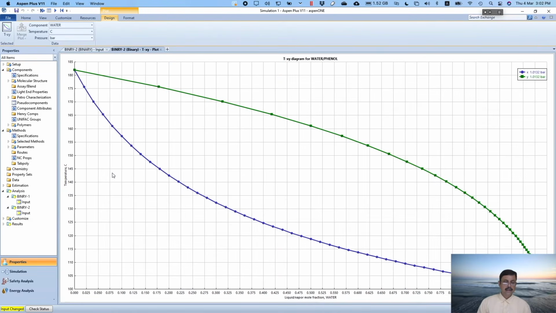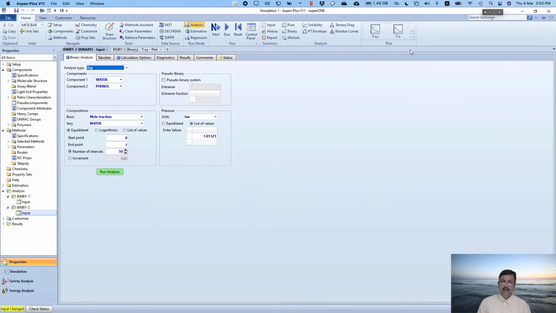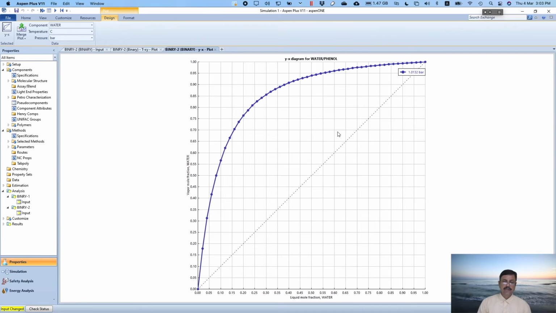Okay. Again, you can find this is the bubble point curve and this is the dew point curve. Now bring in the YX diagram. Yes. So you have got the YX diagram for the water and phenol system at 1 atmosphere pressure.